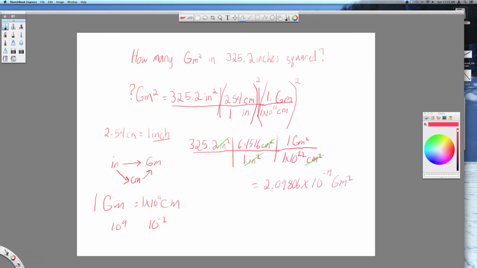What's the third sig fig in this number? The 9. Next to the 9 is an 8. So the 9 is going to go up to a 10. And that makes this 2.10. But we can't forget our 10 to the negative 19th gigameters squared. And that's how you do a dimensional analysis problem with exponents.